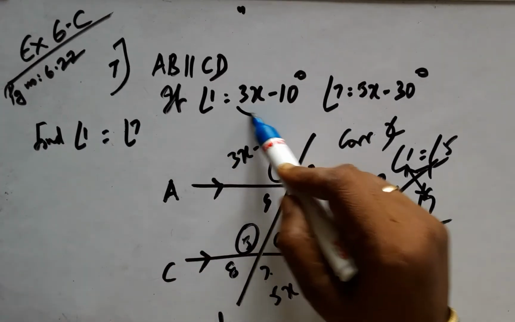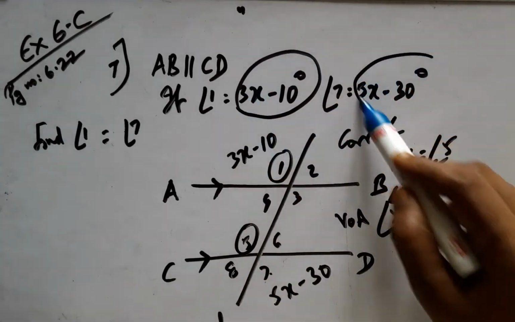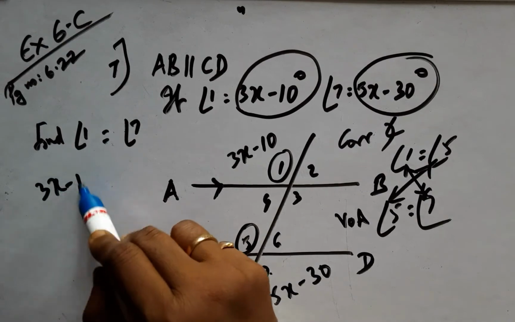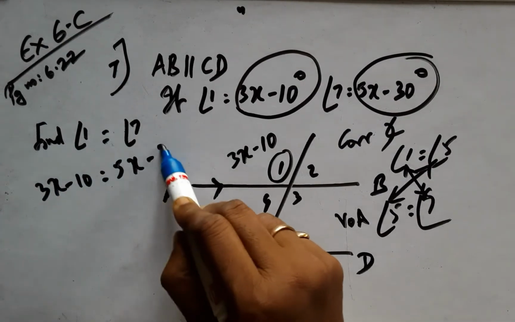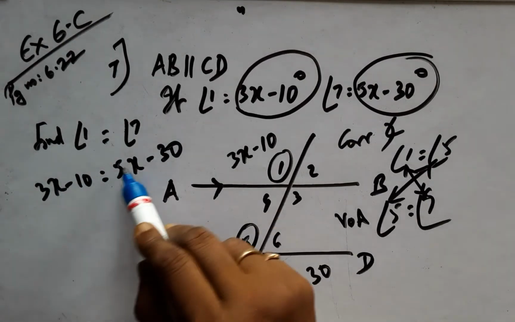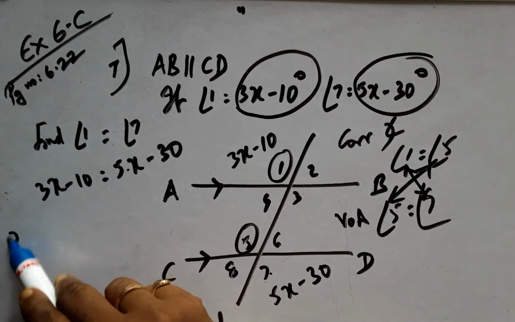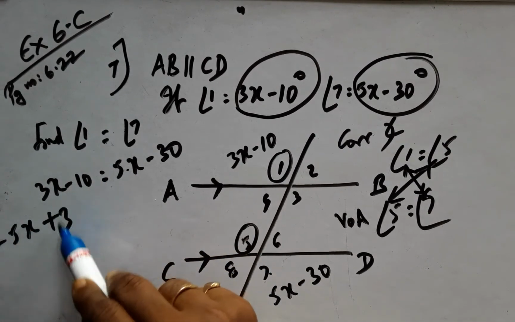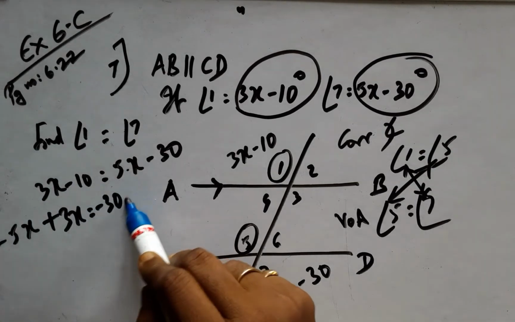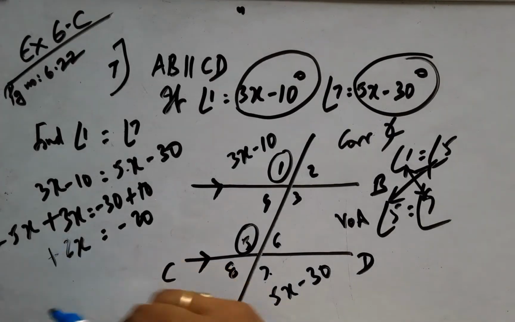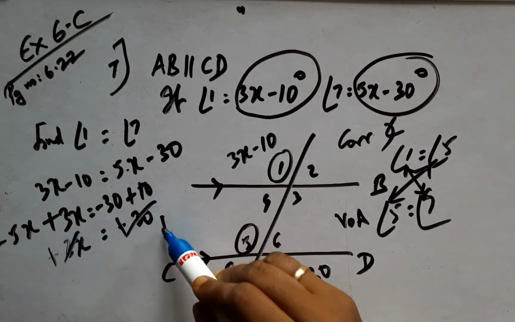So you have to set up the linear equation stating that angle 1 equals angle 7, which is nothing but 3x minus 10 equals 5x minus 30. Now, bringing all the like terms to one side, the next step being 2x equals 20.